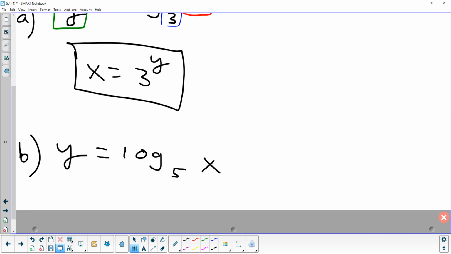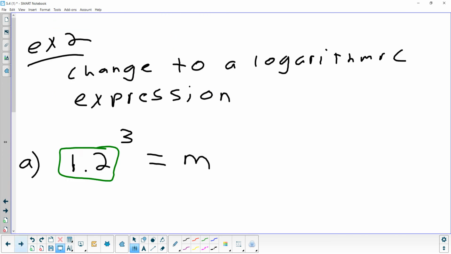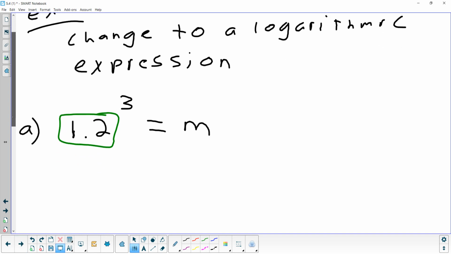All right, let's try it the other way. Let's change from exponential to log. If you're writing something in log form, what is the first thing you have to write down? Log. Yeah, you have to write the word log. Logarithm always equals what kind of number? Exponent.